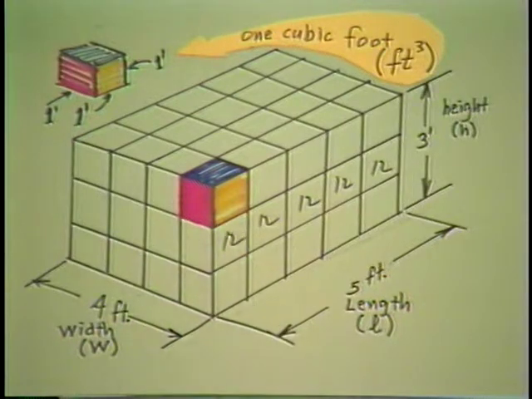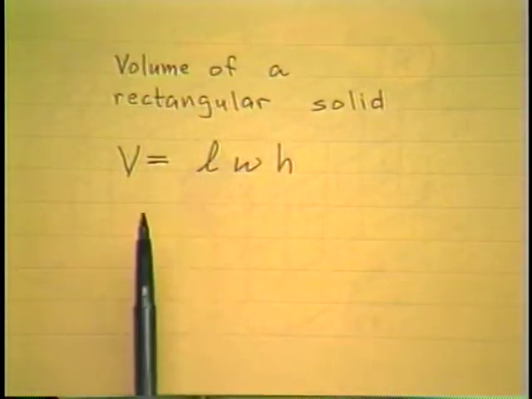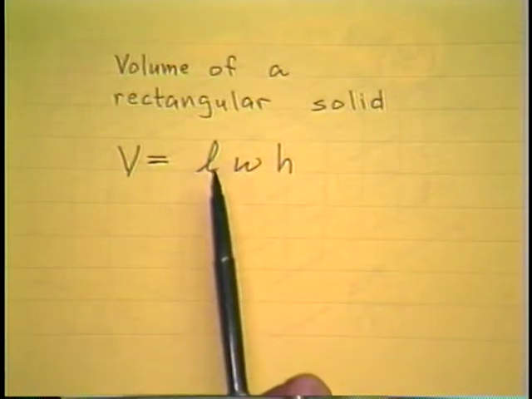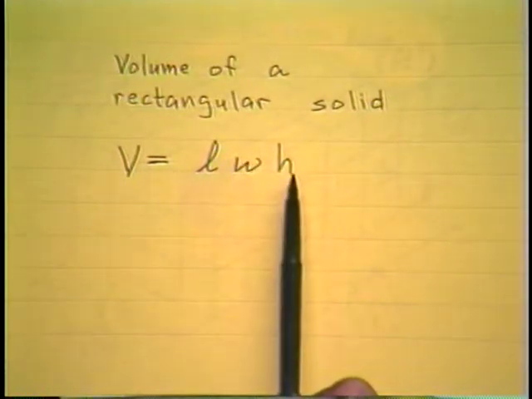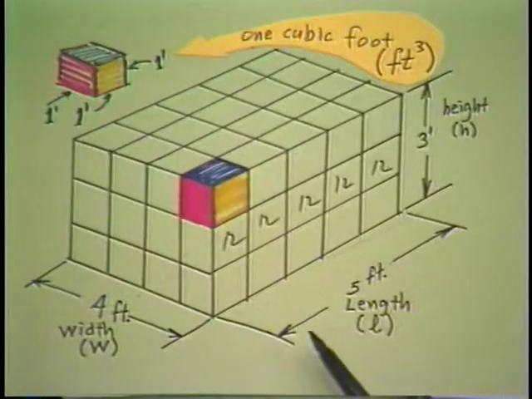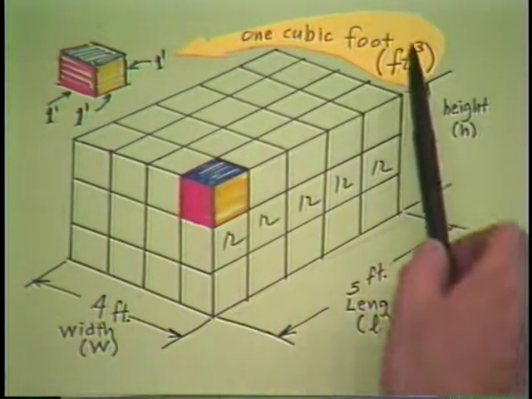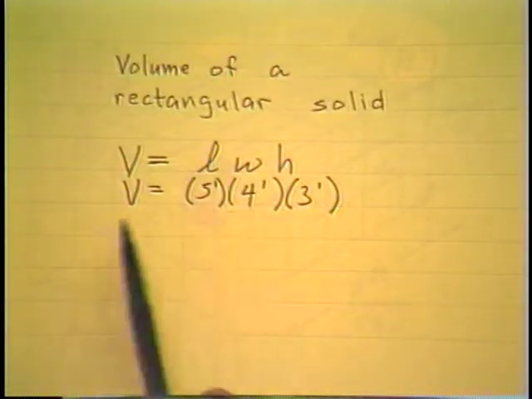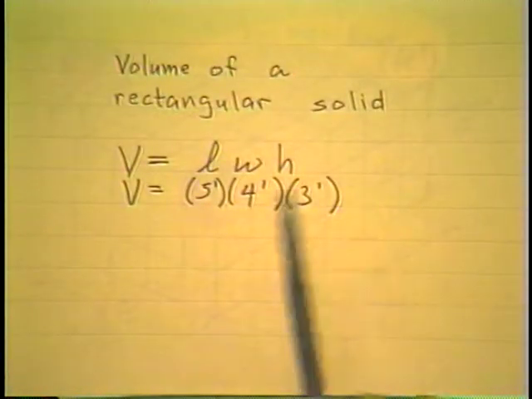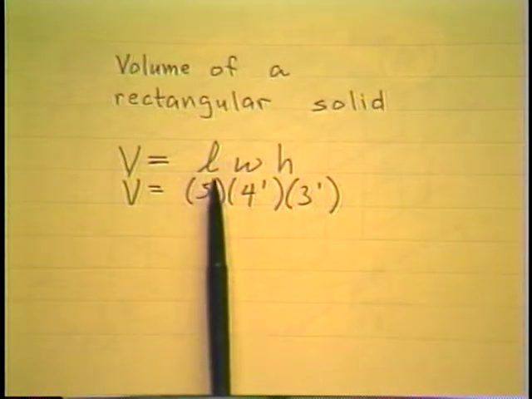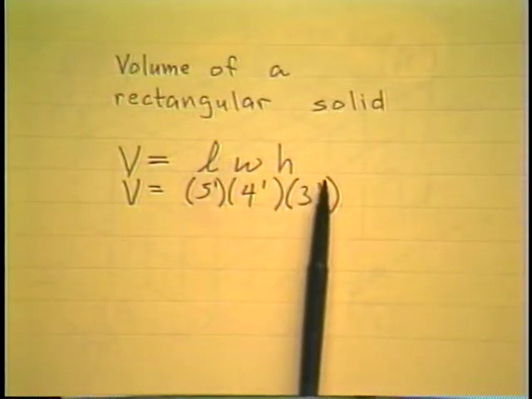Now, stating that mathematically, we would say this. The volume of a rectangular solid is simply the length times the width times the height. In our case, the length was 5, and the width was 4, and the height was 3. So back to our formula. The length 5 feet, width 4 feet, height 3 feet.